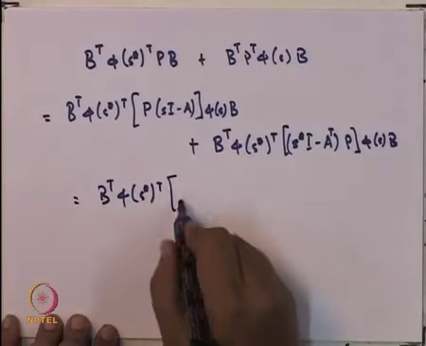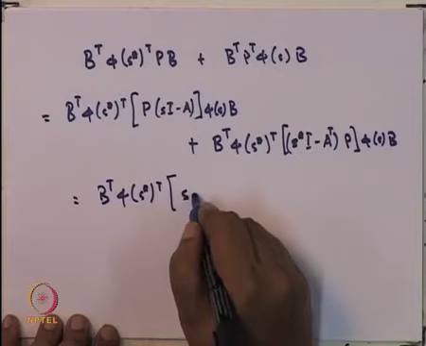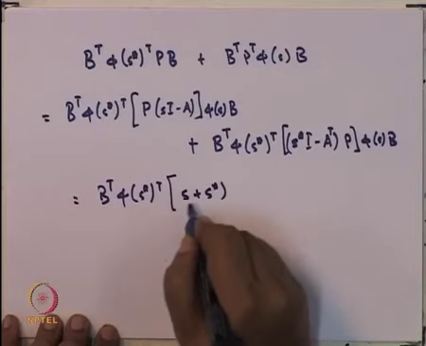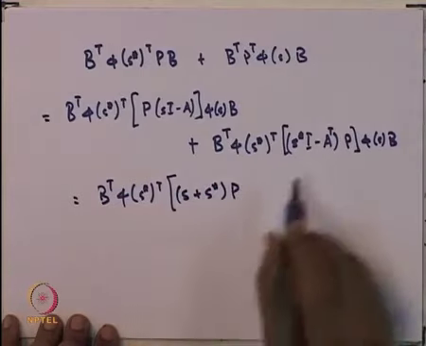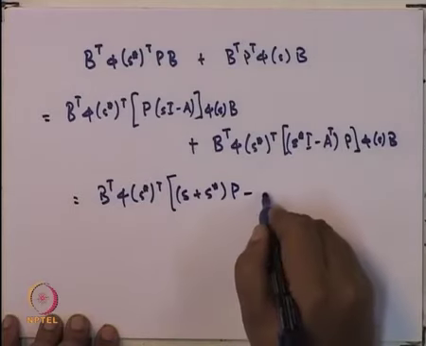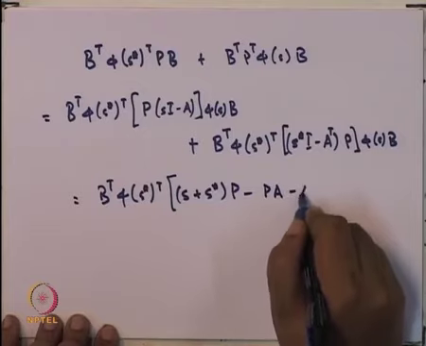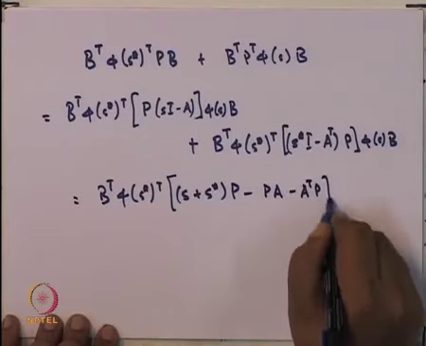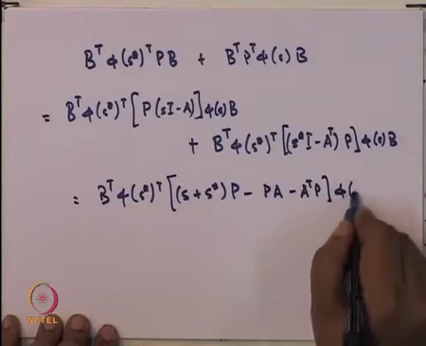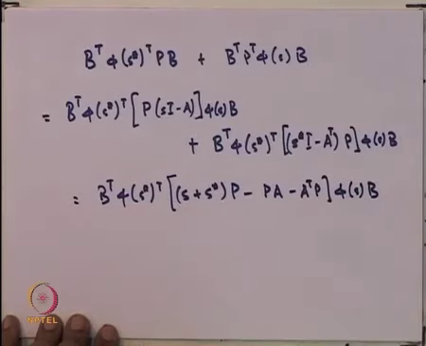Now putting the things inside together, you get S plus S star times P minus P A minus A transpose P, times phi S times B.